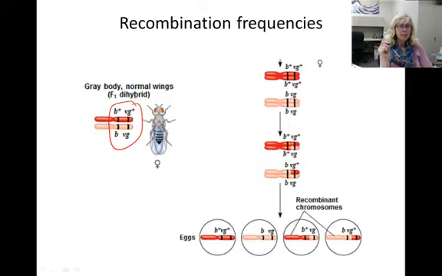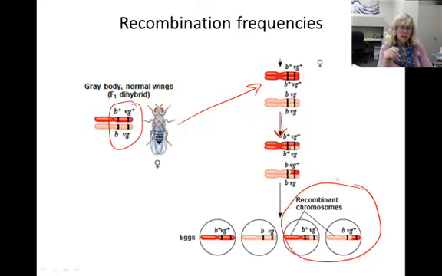In S phase, these chromosomes are replicated, and during meiosis, homologous chromosomes can cross over and change the alleles present on the same chromosome. After crossing over, some of the chromosomes are recombinant, meaning they've mixed the alleles that used to be on the same chromosome in the parent.